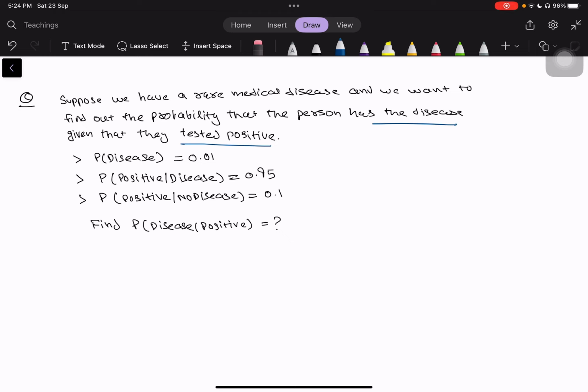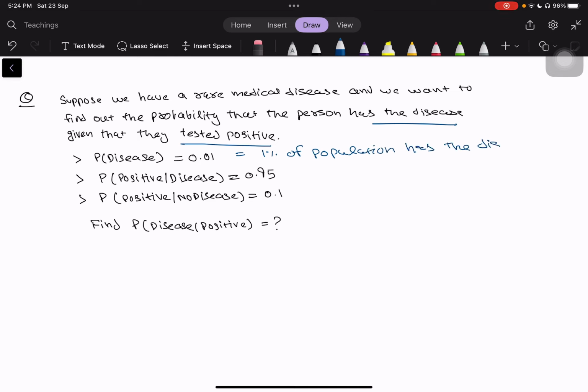As we all know, if you have COVID, it's not necessary that you will get tested positive. And it's also possible that if you don't have COVID, you can get tested positive. So there are cases of false negatives and false positives in medical science. So now let's go through the data that we have. It says that probability of the disease is 0.01. That means 1% of the population has this disease.